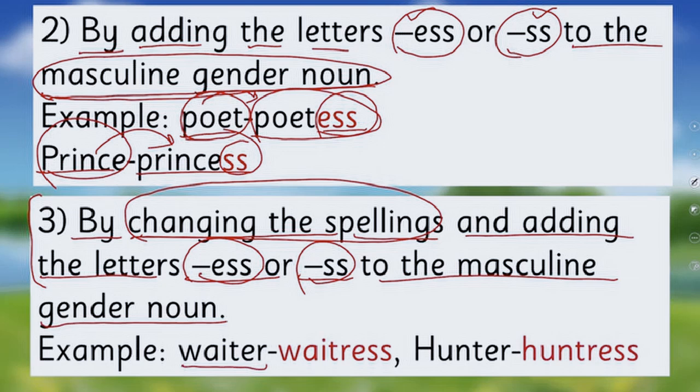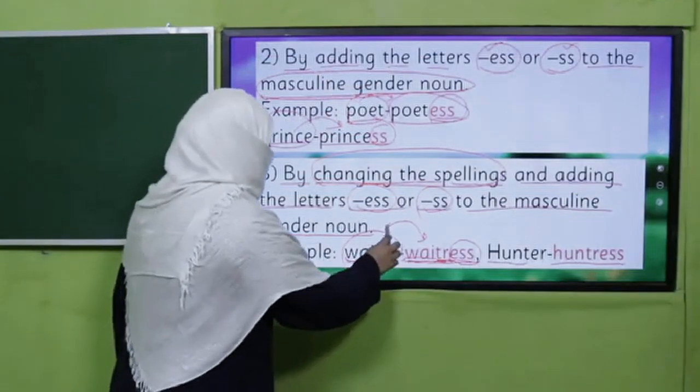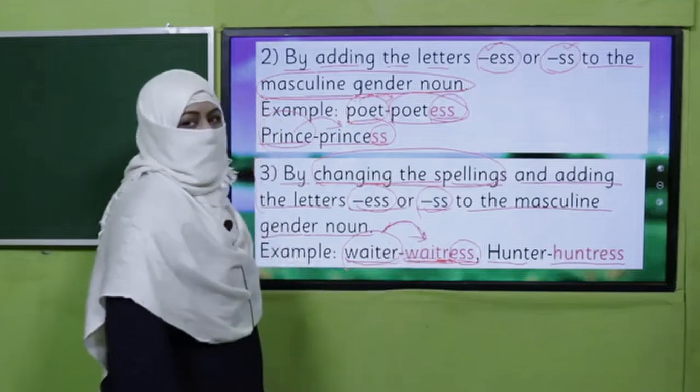You see, I have removed E over here and I have added ESS. Hunter, huntress. Okay, so this is masculine. To make it feminine, first I changed the spelling of the masculine noun, then I added ESS. So this is the third method of changing a masculine noun to a feminine noun.